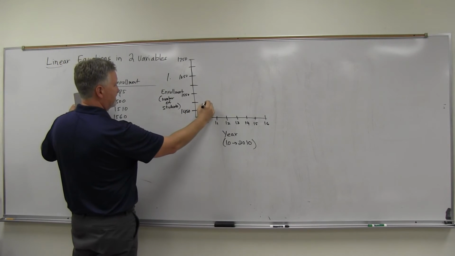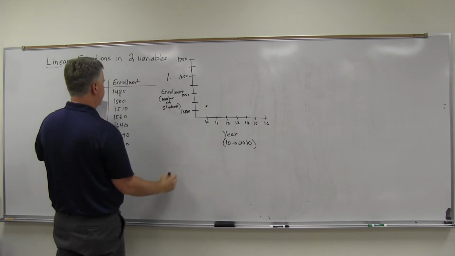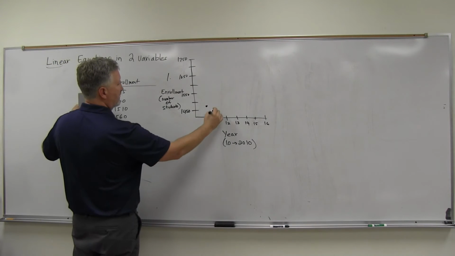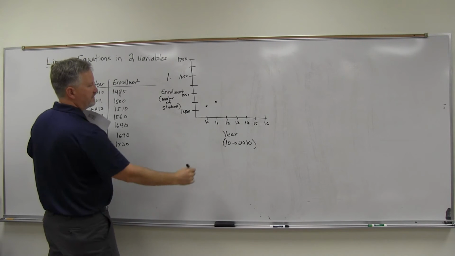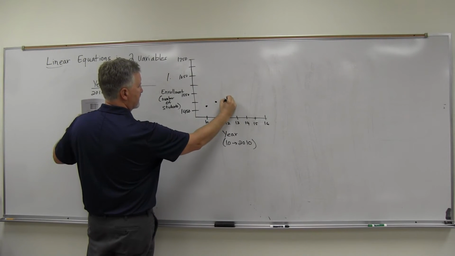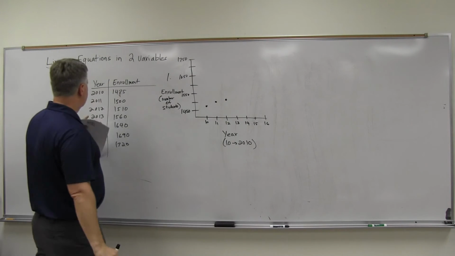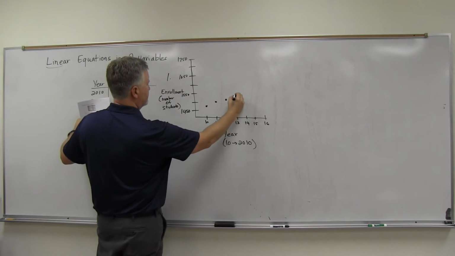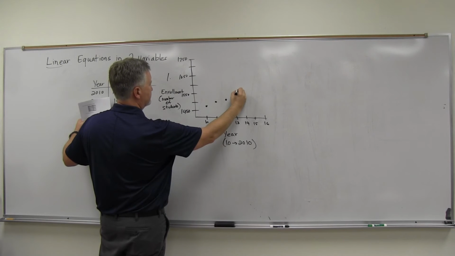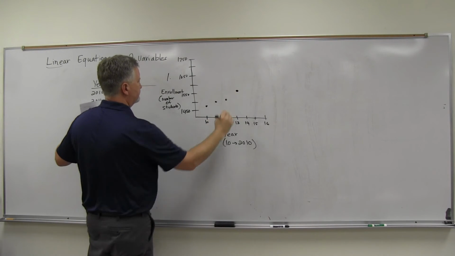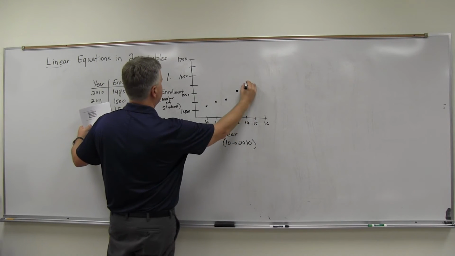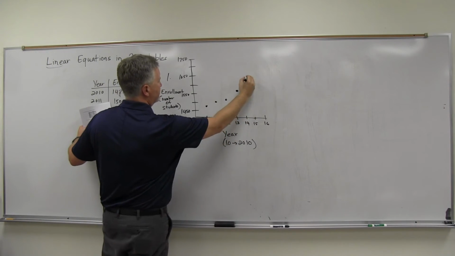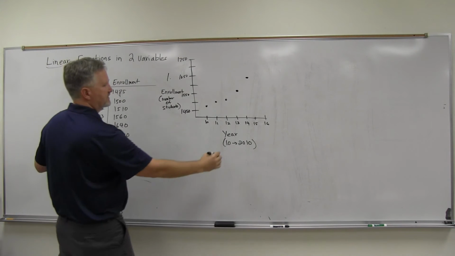2010, we got 1475, so that's kind of the middle there. 2011, right at 1500, so that'd be here. 2012, we got 1510. It's right above. 2013, we got 1560. So 1550 and then 10 more. Go right there. 2014 is 1640. Not quite 1650. 2015, we got 1690.